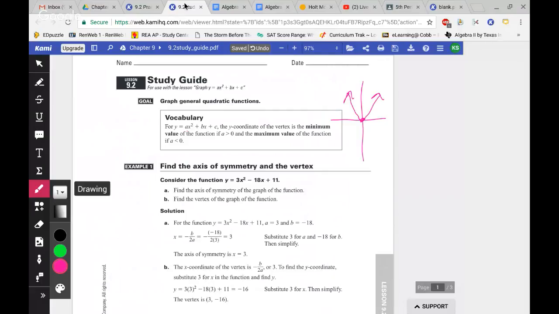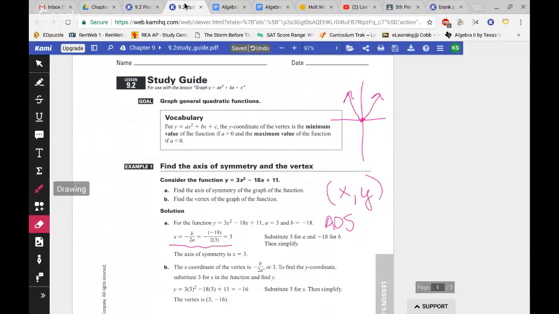But now with a new vertex, because of the bx term in the middle, the vertex will change, so therefore the axis of symmetry will change. The vertex will have an x and a y coordinate, and the axis of symmetry is always a line, x equals the x coordinate.